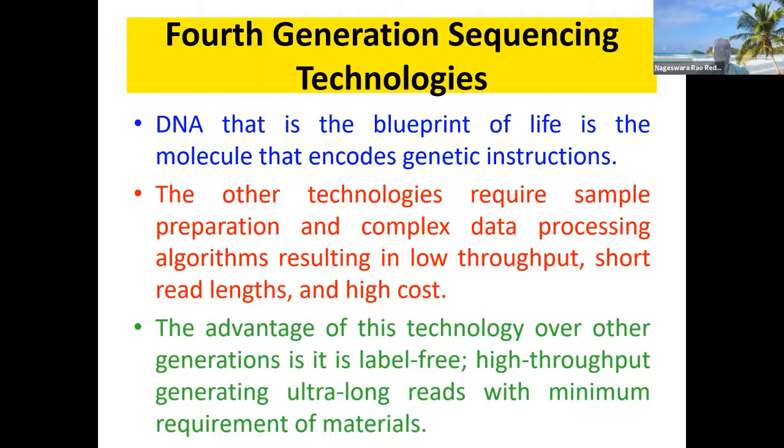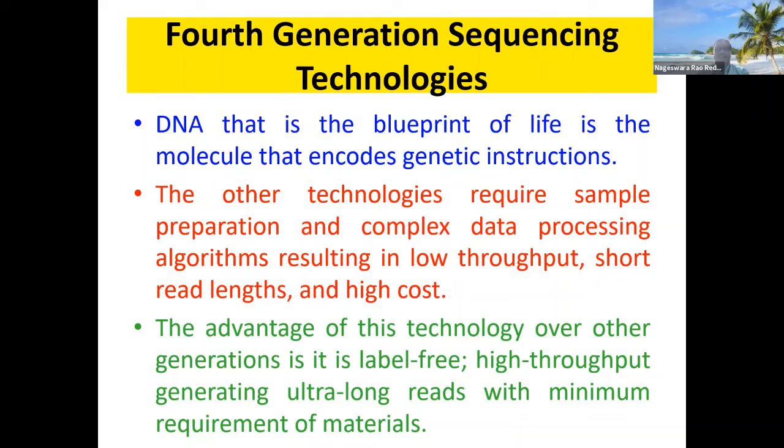The other advantage we have is label free. We don't label anything in this fourth generation. And we are actually sequencing long sequences, long reads, as we say. Minimum requirement of materials. As we have seen with the previous technology, we do not prepare a particular sample.